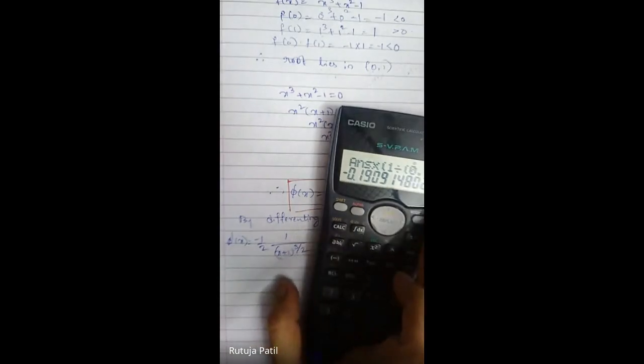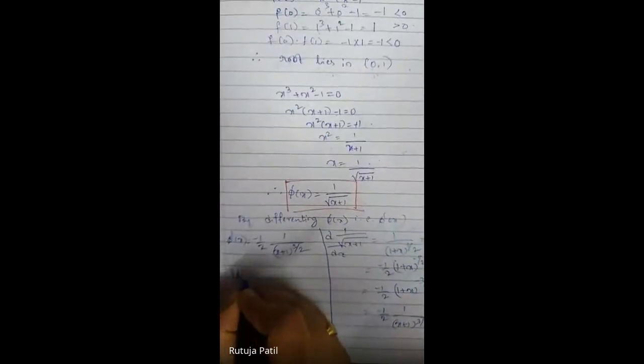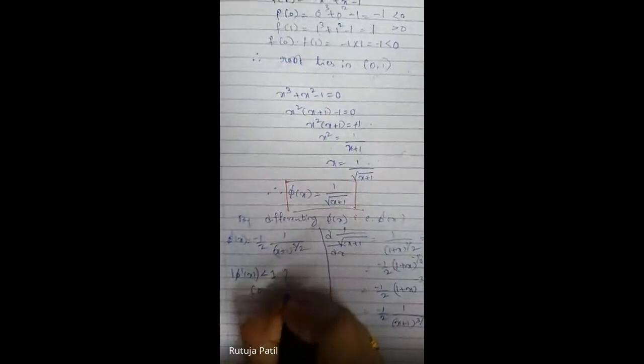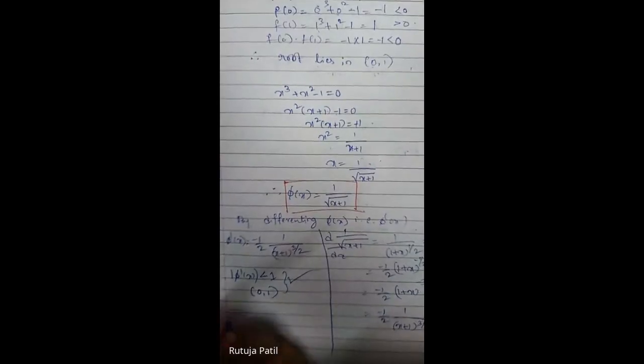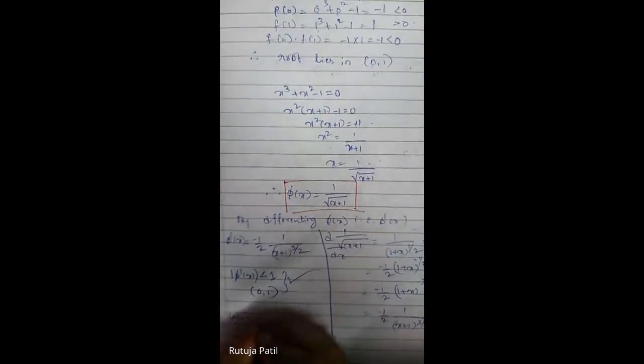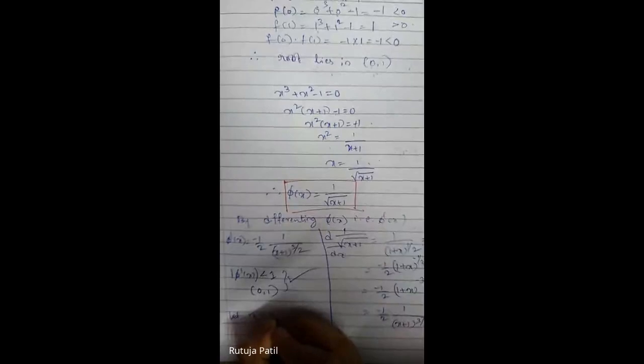So even if you put any value from that range, 0 to 1, you will get a value which is less than 1. Therefore, we can say that this condition for the given set of values, in the interval 0, 1, is satisfying.